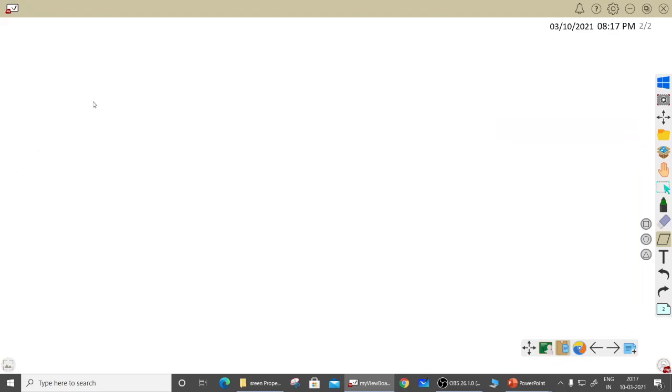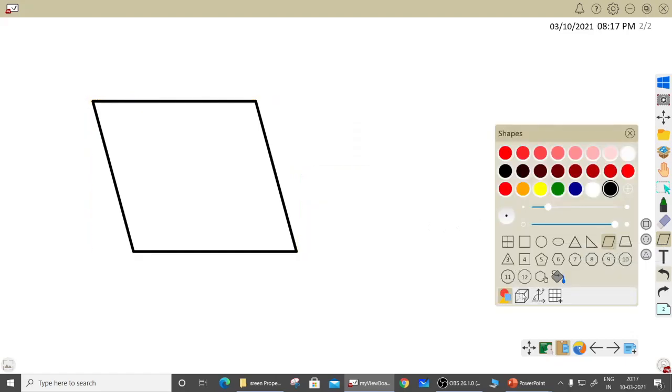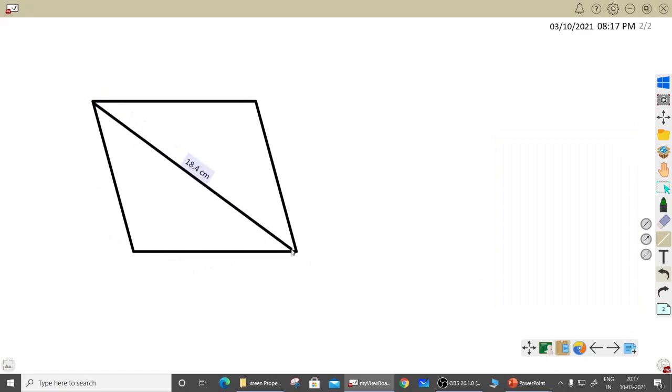I will draw a rhombus and tell you once again the formula to calculate the area. This is a rhombus, and in the rhombus we found that it has its own diagonals like this, and the diagonals bisect each other at right angle at the center.